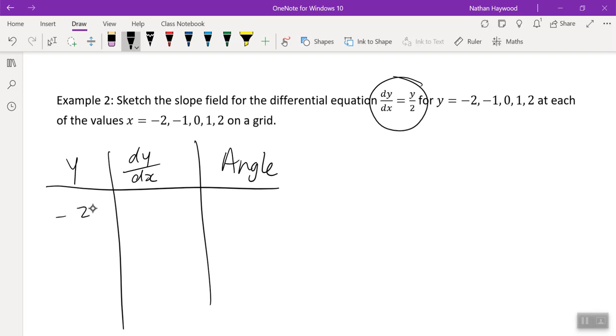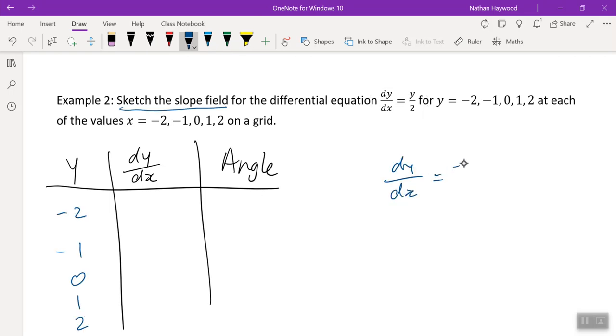We're going to try for all these different values. For y, you get -2 over 2, which is -1. So the slope or the gradient at y equals -2 is -1.